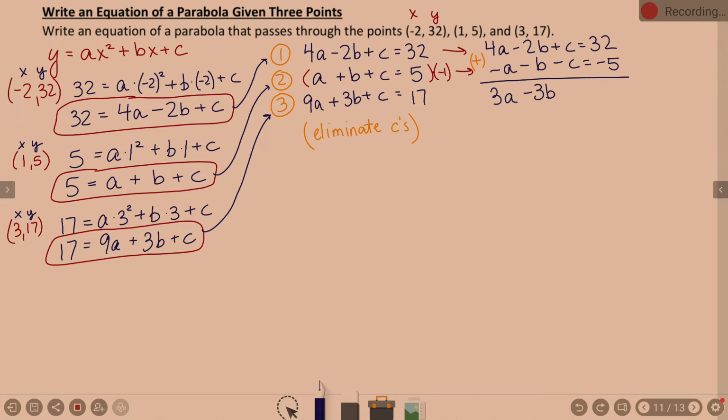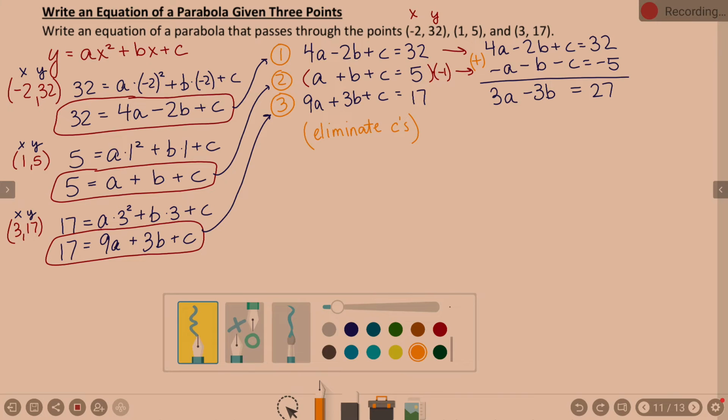Positive c and negative c, of course the design is to cancel. Equals 32 plus negative 5, 27. I personally am going to call that equation 4.